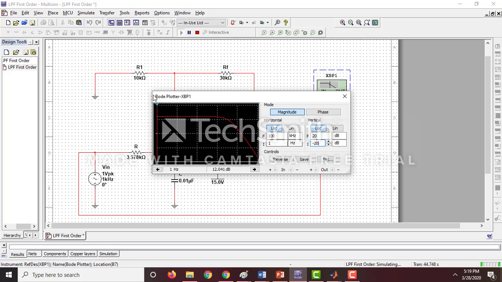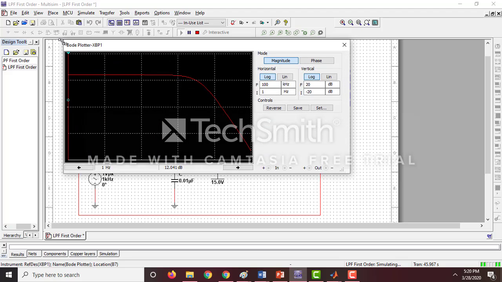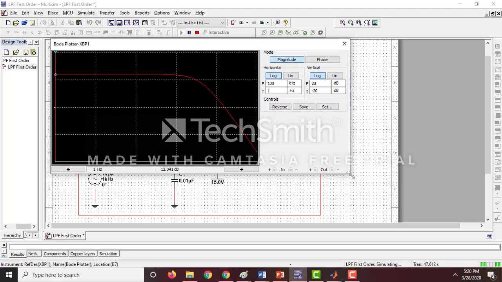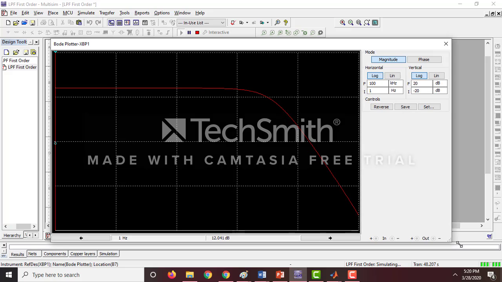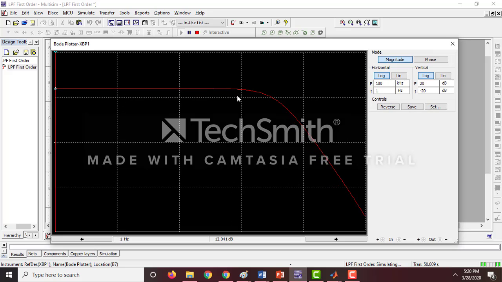So you can see the frequency response. This is the magnitude spectrum. Clear? You can see that this is the cursor, you can move it. So here the gain is 12.04, which using our formula we had actually got as 12.04, correct? Now the cutoff frequency can be found by reducing this 12 by a factor of 3.